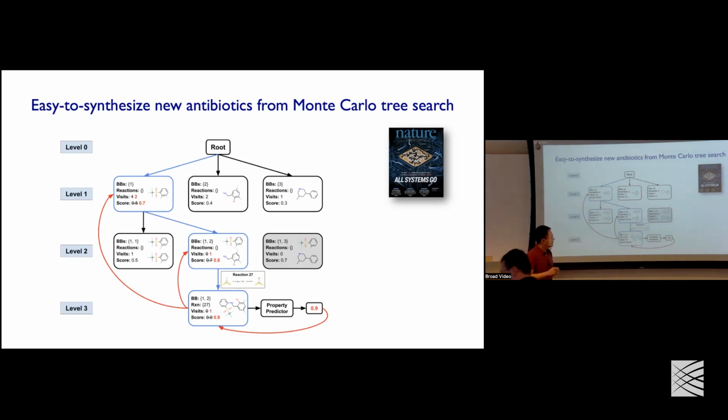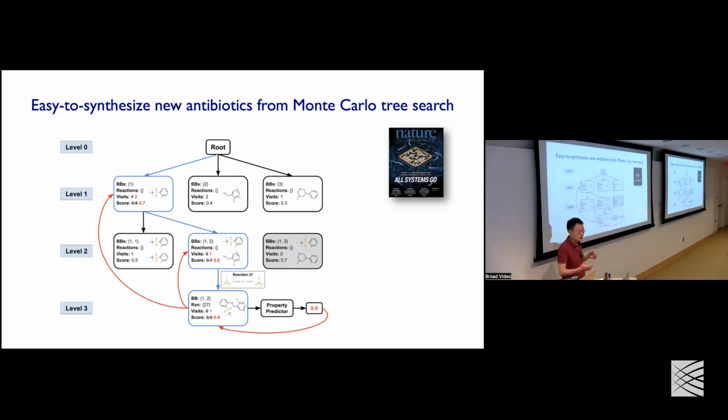Okay. So as you go down this tree, each path from the root to a leaf corresponds to a recipe. It tells you a step-by-step procedure of starting with fragment 1, adding fragment 2, and applying reaction 27 to get an outcome. That's very convenient, because each root-to-leaf path corresponds to a valid recipe for generating new molecules.